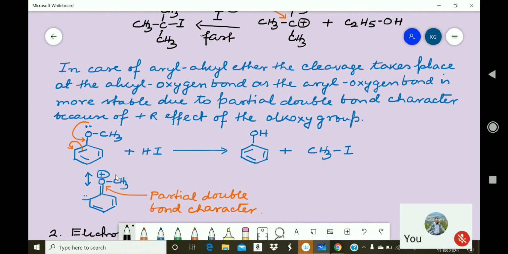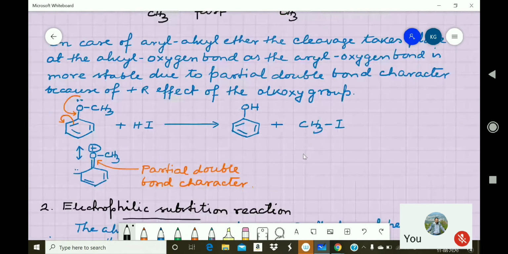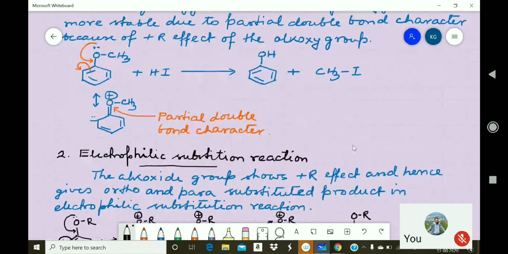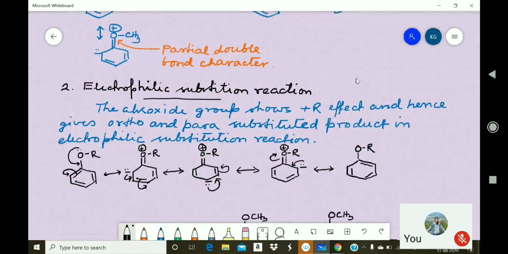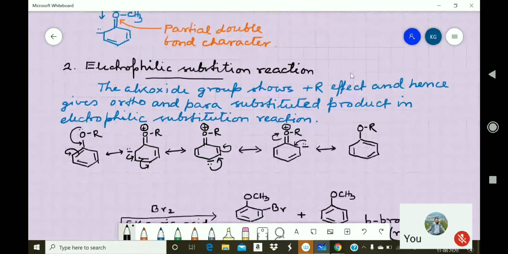Rather, the alkyl oxygen bond is more easily broken, and the halide is therefore attached to this alkyl group. So we can always get from aryl alkyl ether phenol as one of the products, and the other one is the alkyl halide.